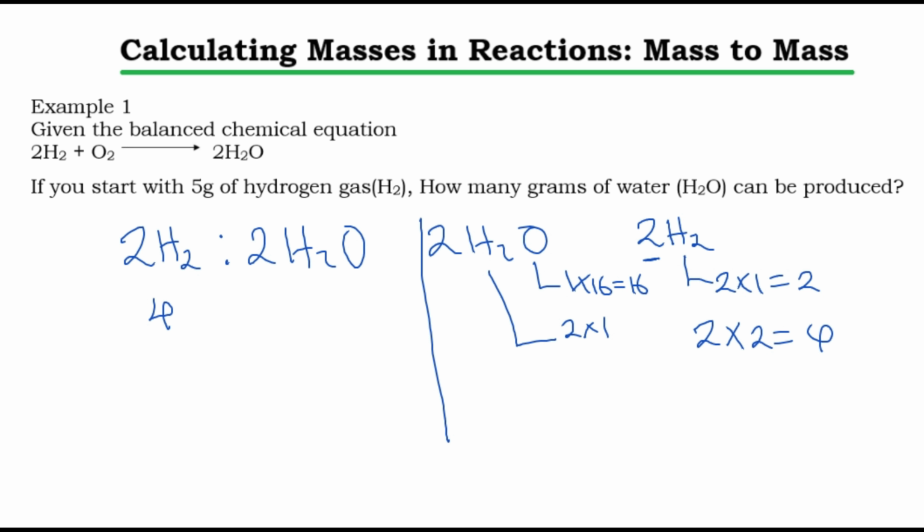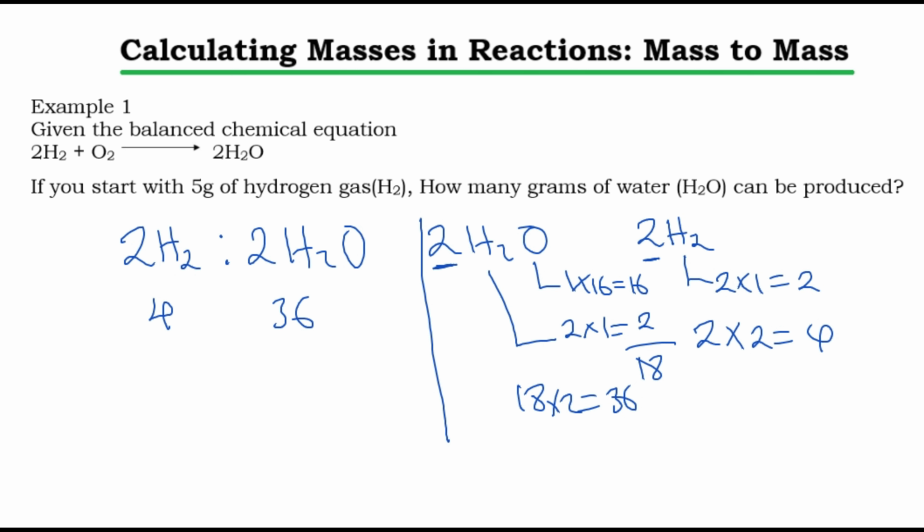The 1 is the relative atomic mass of hydrogen. So 2 by 1 is 2. We're going to get 18. But we have 2 lots of water. So we're going to say 18 multiplied by 2 gives us 36. So we're going to have 36.